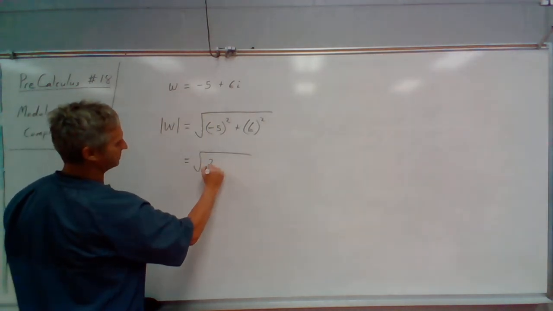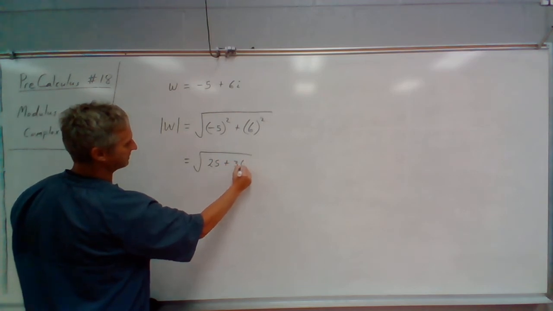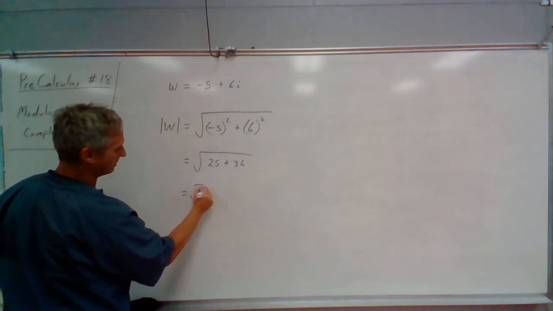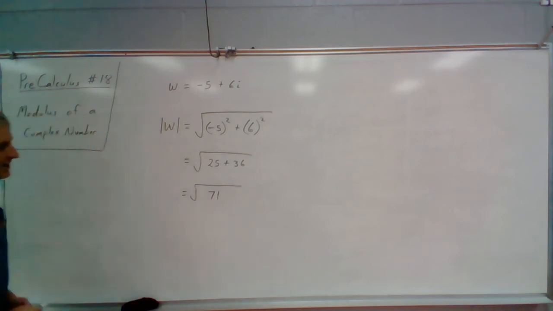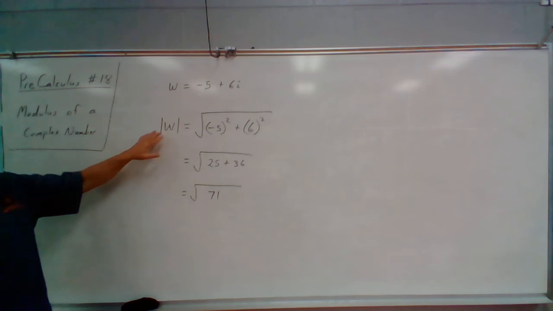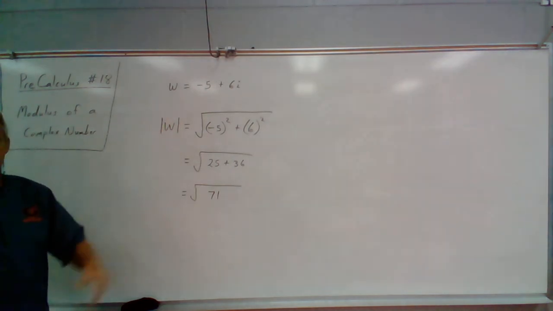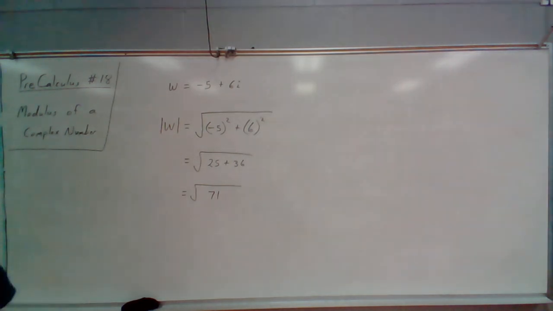So we have 25 plus 36. 25 plus 36 is 71, and I don't believe that we can simplify that any. So the absolute value of -5 plus 6i would be the square root of 71.